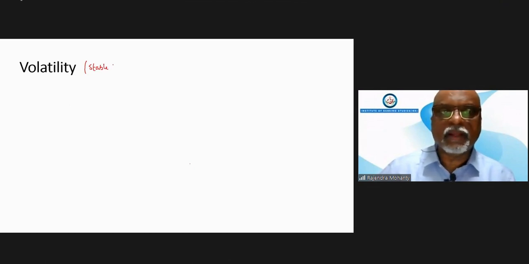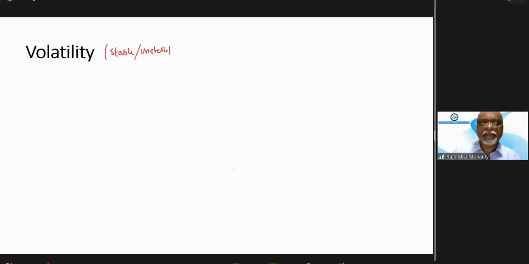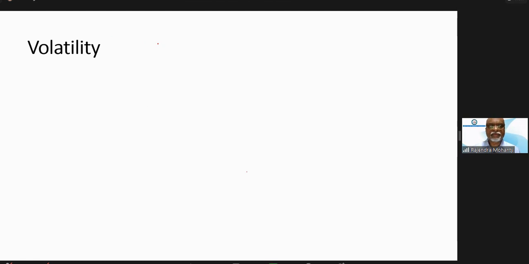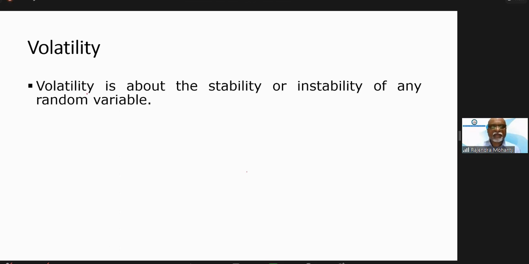Now volatility is something similar to sensitivity, but a little different. It is about whether the price or value is stable or unstable. That is measured by volatility. So in volatility, we have to see whether the change of any random variable of any security makes it stable or unstable.